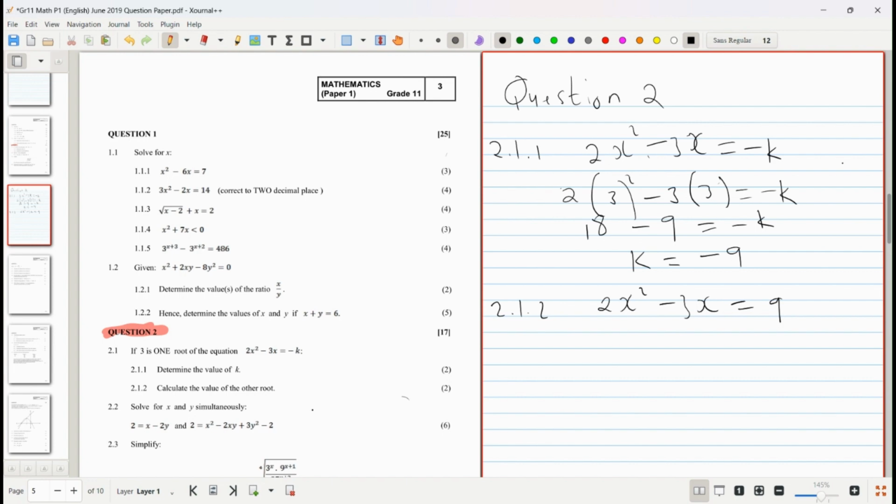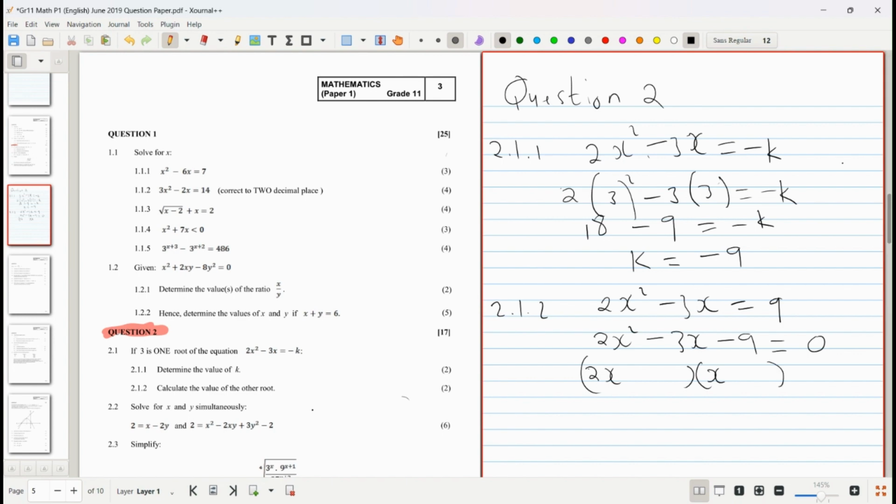So we just have to make sure that this equation is in its standard form. That's the next step. This is the standard form of this quadratic equation. The next step is to find the factors. For 2x squared, we have 2x and x.